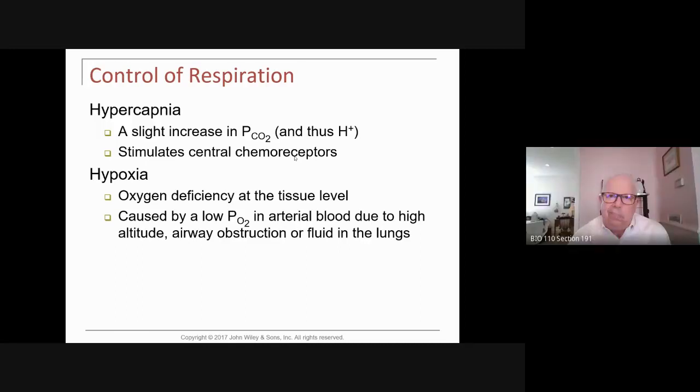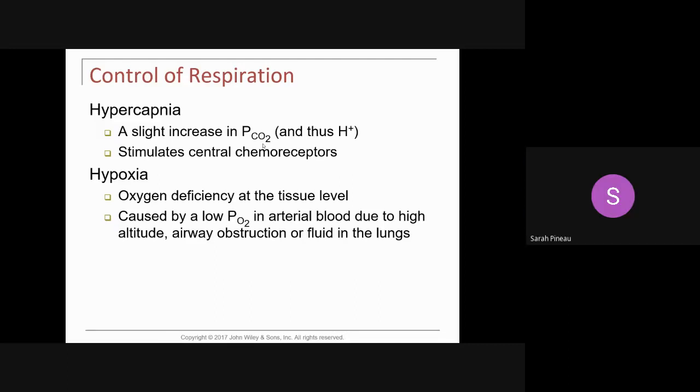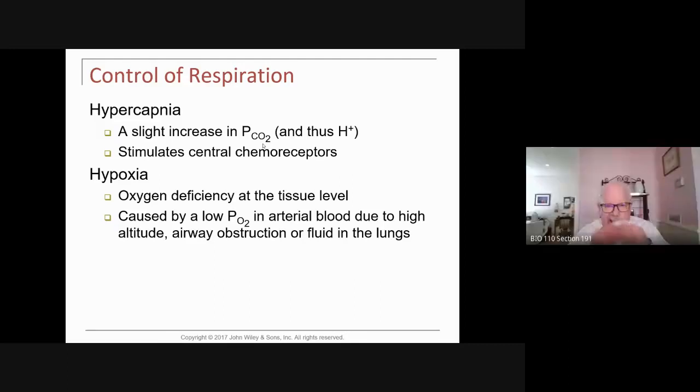When you hold your breath, what happens to the partial pressure of carbon dioxide? Does it increase or decrease? Increase. It increases.